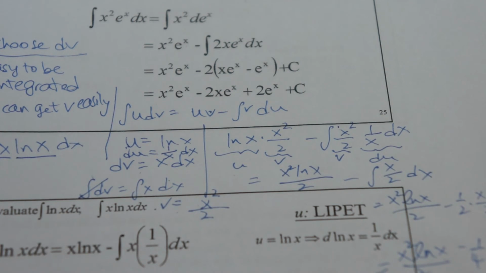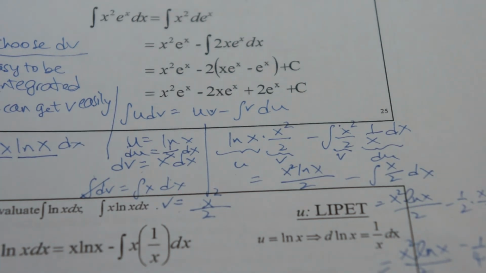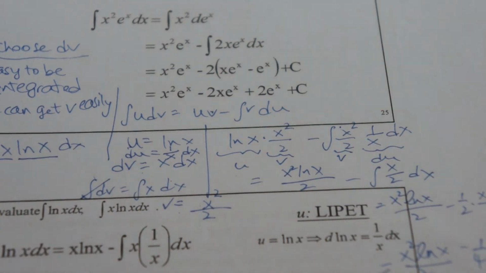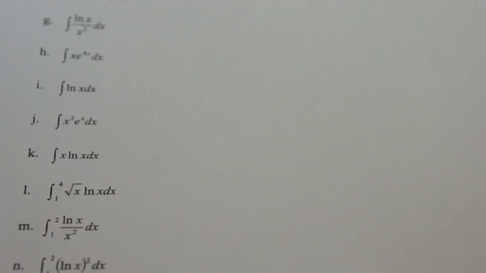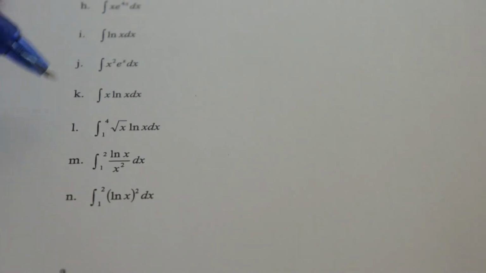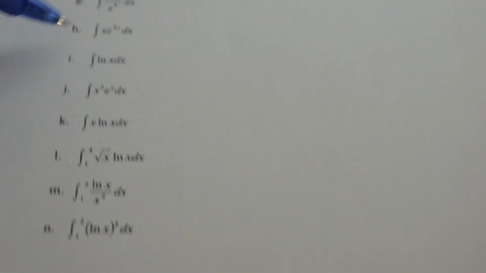You can turn to question 8, part I. There are questions that use integration by parts, and you can try them yourself. Part I means the integration of ln x, which I show to you here.